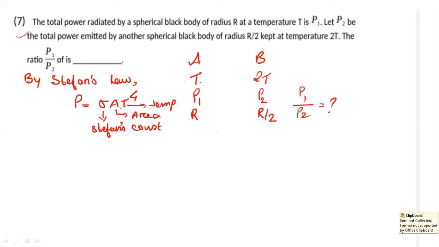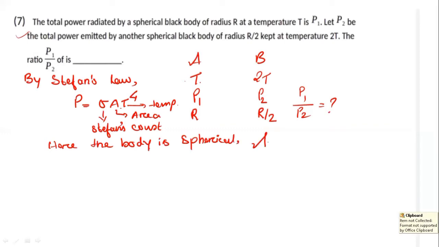Now in our case, the body is spherical, so the area will be 4 pi r square, which means the area is proportional to the square of the radius.